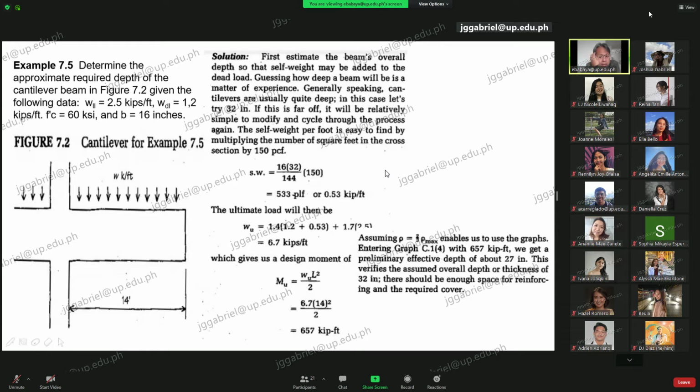Now, so what we do here is we first compute for the self-weight. Okay? Self-weight, that is due to its weight.